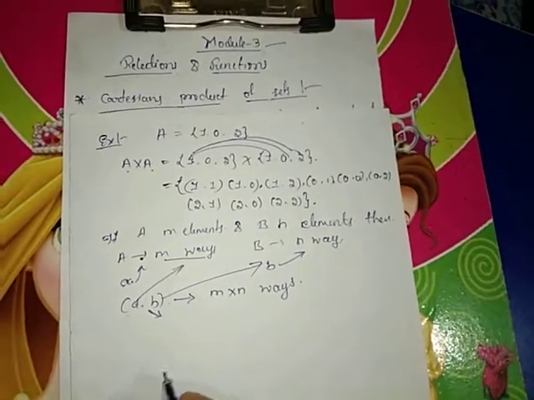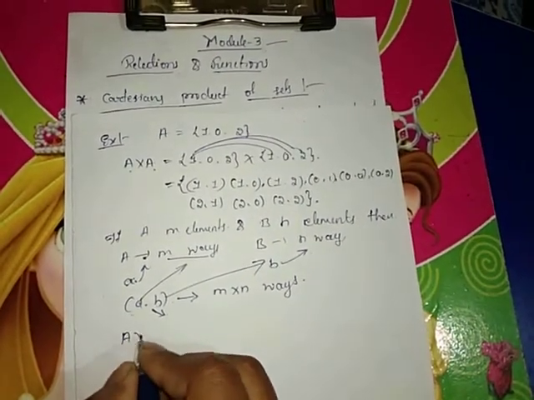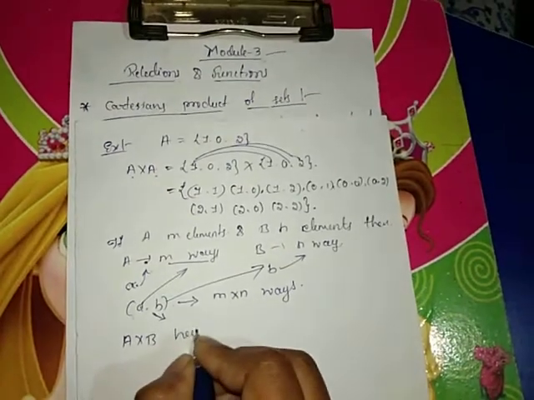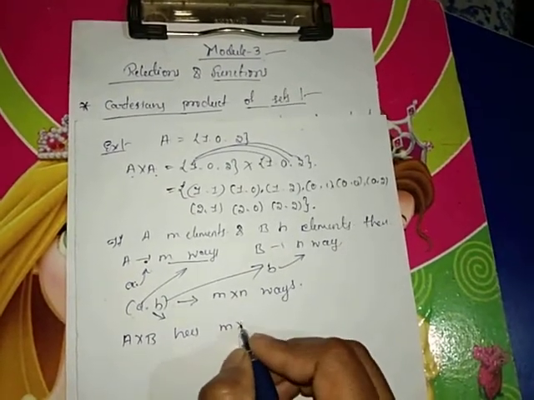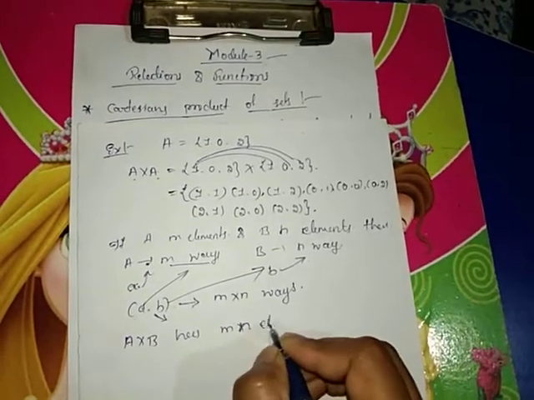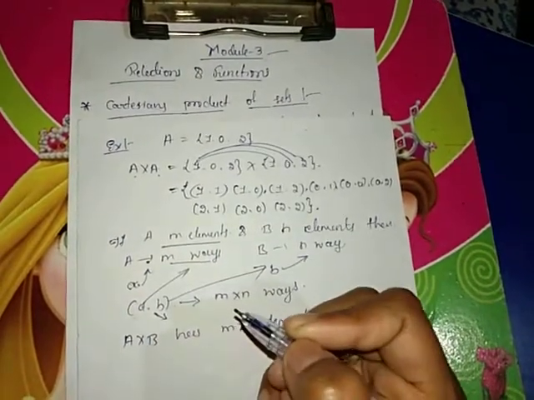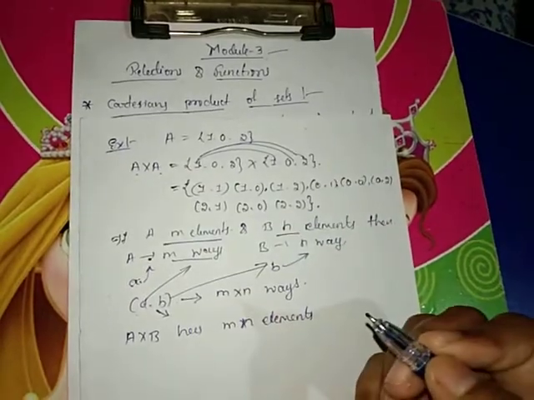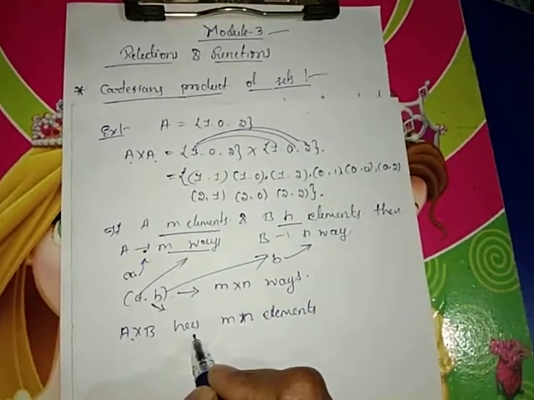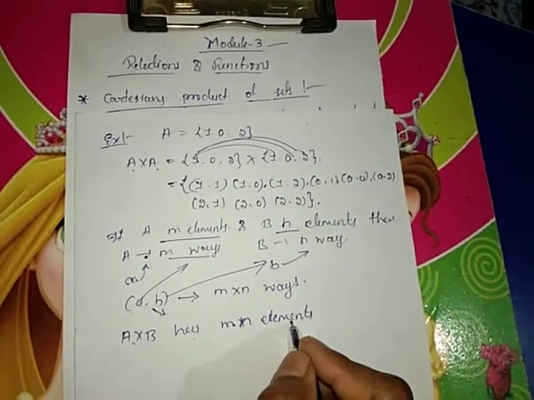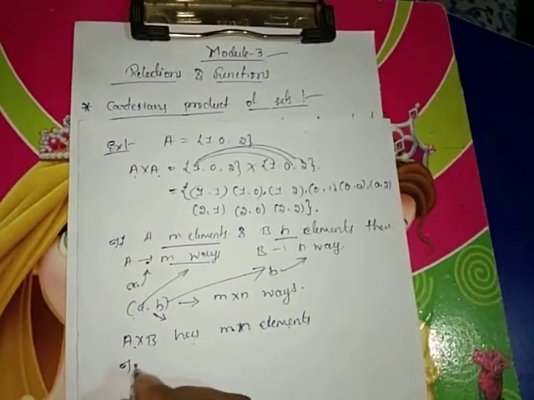This means that exactly A cross B has m into n elements. Suppose A has m elements, B has n elements, then A cross B has m into n elements. This will be defined for finite sets.